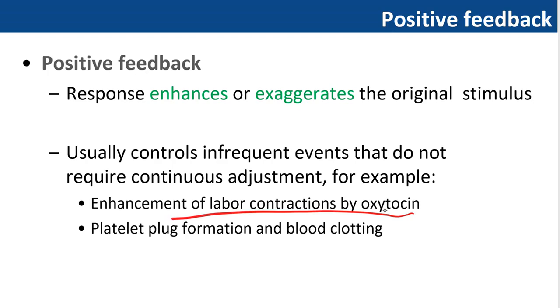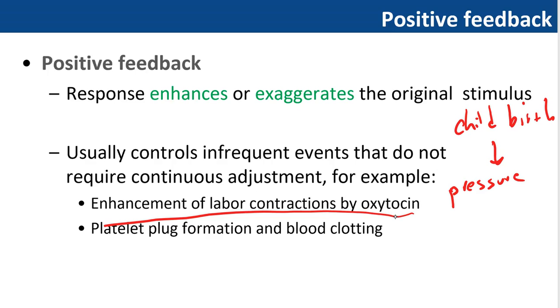For example, in childbirth, pressure of the baby's head on the cervix is detected by sensory receptors. So during childbirth, we have the pressure of the baby's head on the cervix.